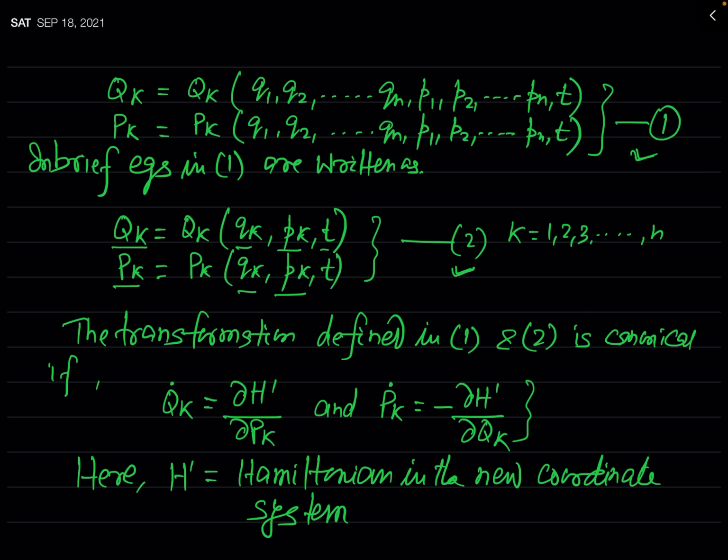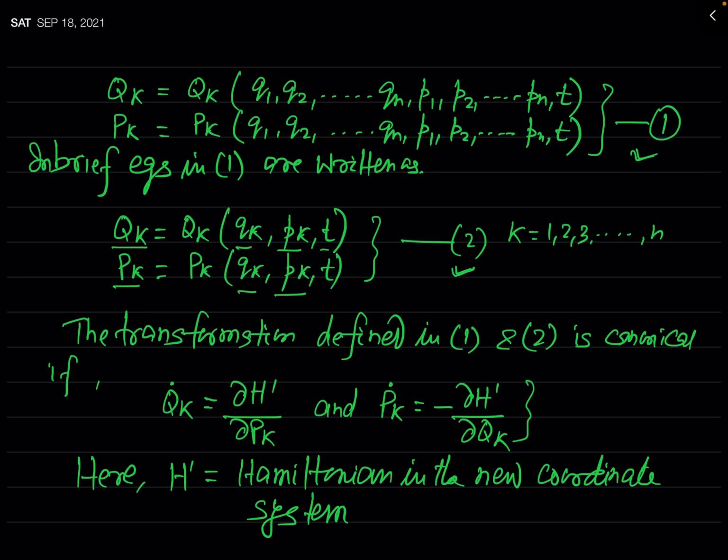As you know, Hamilton's canonical equations you have already studied. This is Qk dot equal to del H by del Pk and Pk dot equal to minus del H by del Qk.